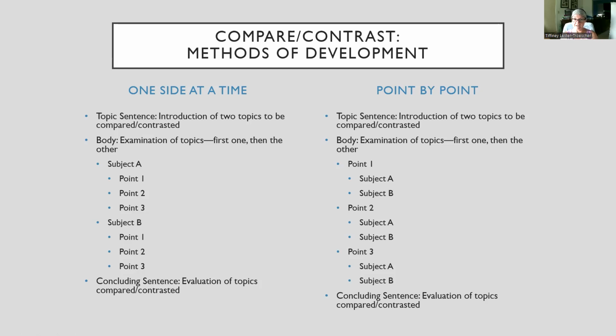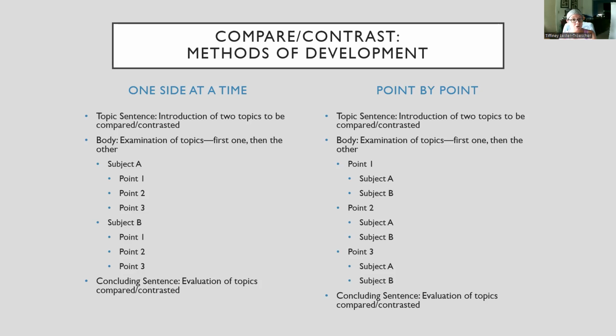I tend to think, for reasons that we will get into, that point by point is a little easier to manage. But it honestly just depends on the two subjects that you have and what just feels right. Does it feel right to talk all about one first and then the other? Or does it need to be a little more logical where you're going by the main ideas, the differences or the similarities?